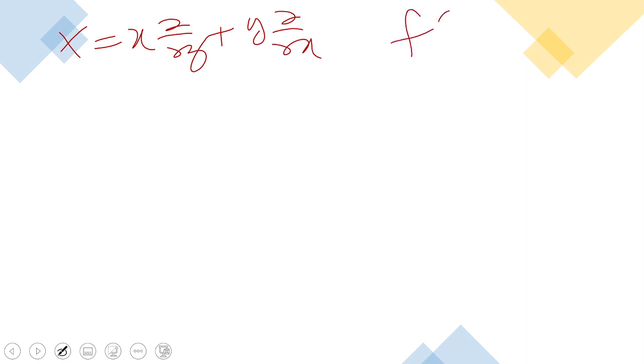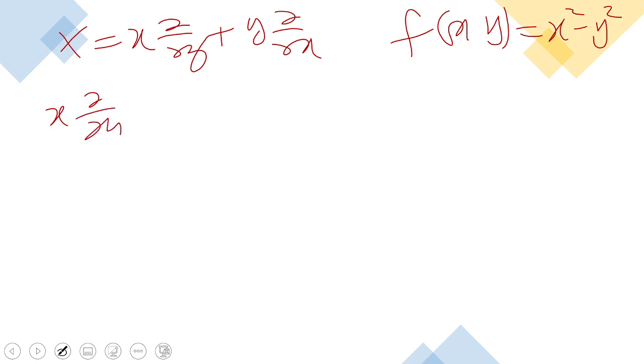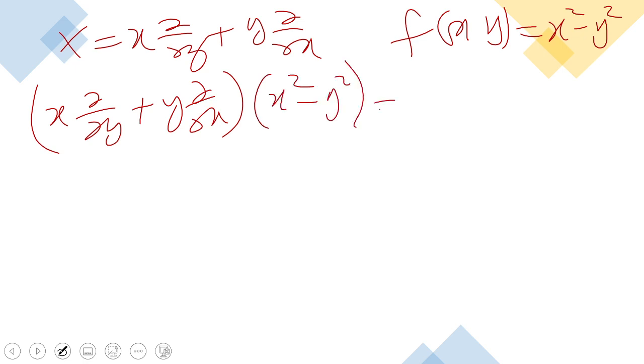Let's see another one. If I take X to be x ∂/∂y plus y ∂/∂x, and function f(x, y) is x square minus y square, you will see that it is invariant. When I operate it on this function, the first one is 2xy and the second one will give me minus 2xy.